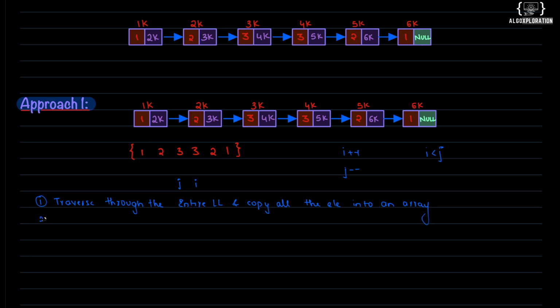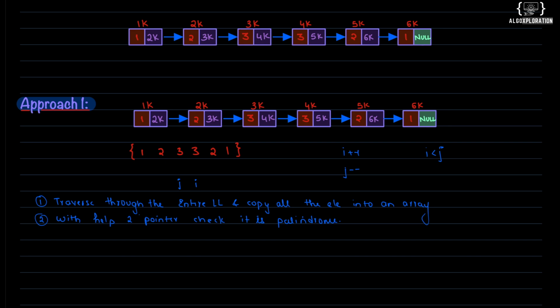The second step would be, with the help of the two pointer technique, to check whether it is a palindrome or not. Now I have shown you how to traverse the entire linked list, and with this approach how to check whether the given array is a palindrome or not.